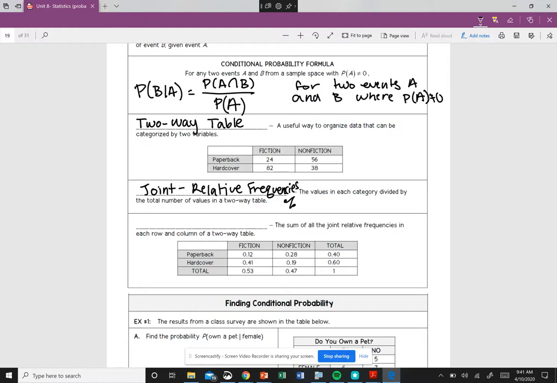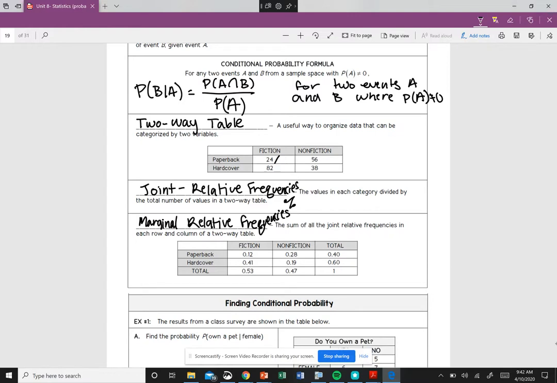Okay? And then this next one is called the marginal relative frequency. So this is the percentage out of the whole thing. So this would be like 24 divided by the number of total books, or 82 divided by the total number of books.